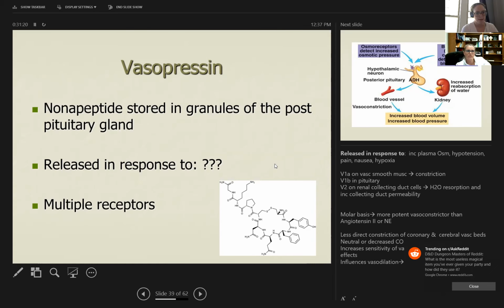The other bonus that vasopressin has that I think is not to be minimized is that it really sensitizes the patient to the effects of all of our other vasoactive substances. So I told you that vasopressin is released endogenously in the setting of stress for any number of reasons.